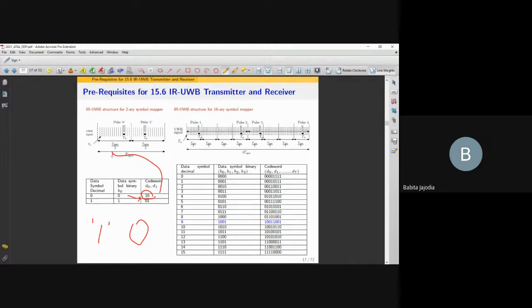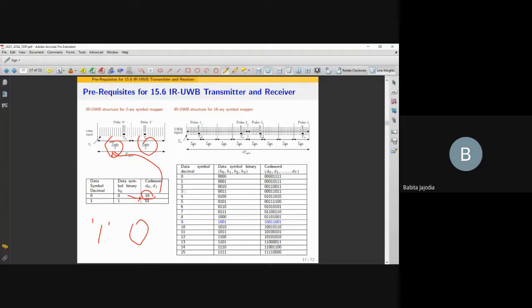You can see it up here, 1 0. The entire symbol duration, where you will be transmitting the bit 0 or 1, is divided into 2 sections, each of equal time, T symbol by 2. Then this is subdivided again into multiple sections, 16 and so on. That itself is called the waveform duration.